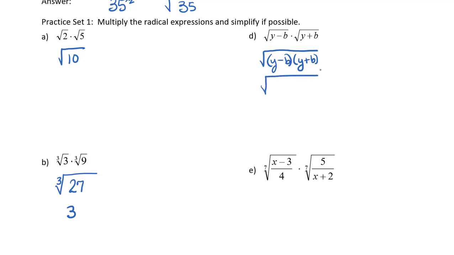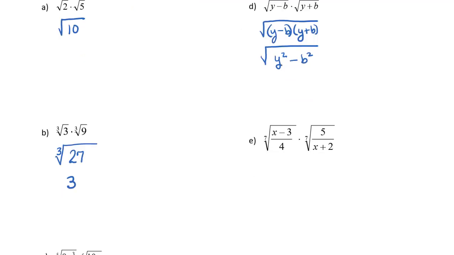I'm now going to multiply these two binomials together. This will give me y squared minus b squared. Now you might be thinking this can come out of the radical as y minus b, but unfortunately that is not the case. The only way you can take something out of the radical is by finding a common factor.